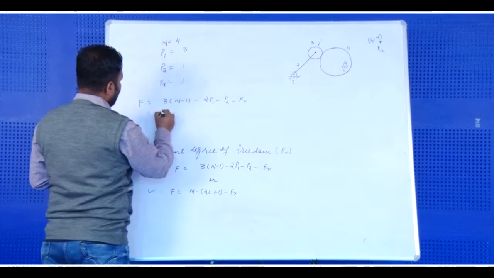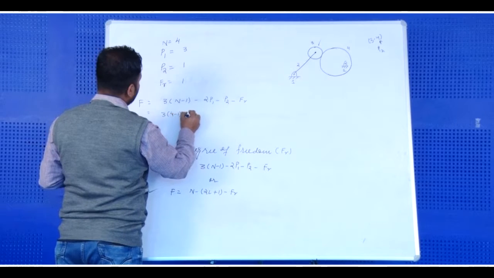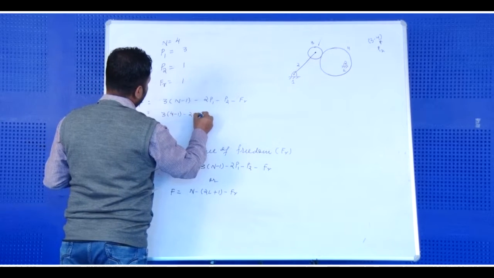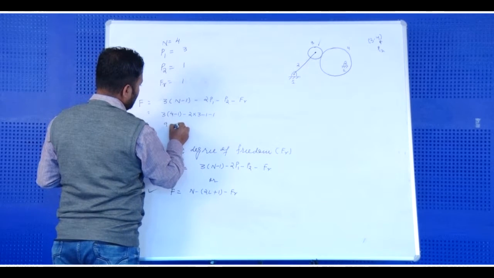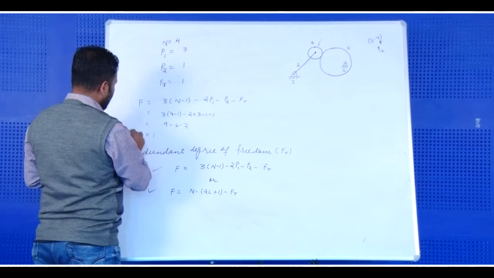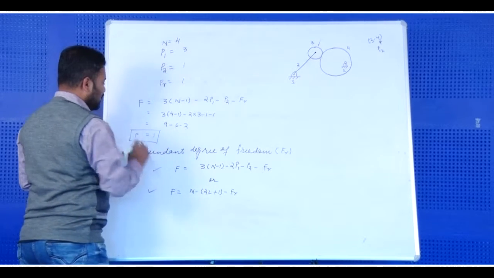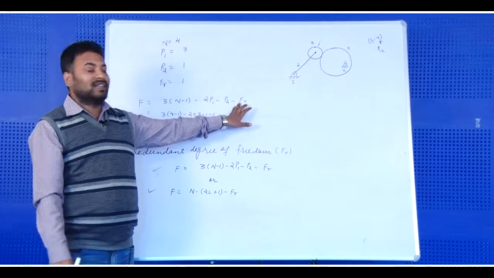So here we have F equal to 3 into 4 minus 1, minus 2 into 3, minus 1, minus 1. Hence, the effective degree of freedom in this case is F equal to 1 by considering the redundant link.